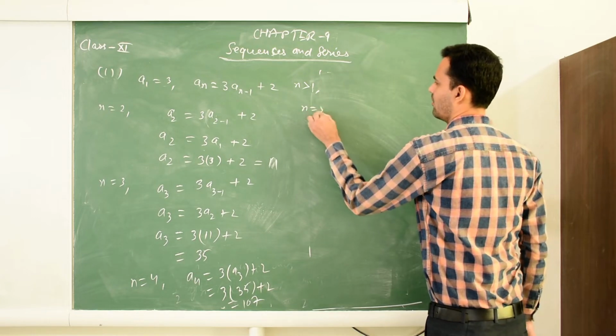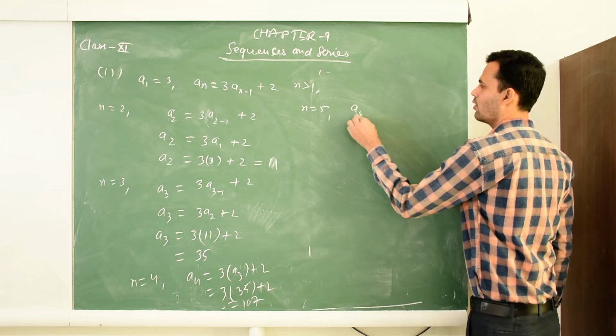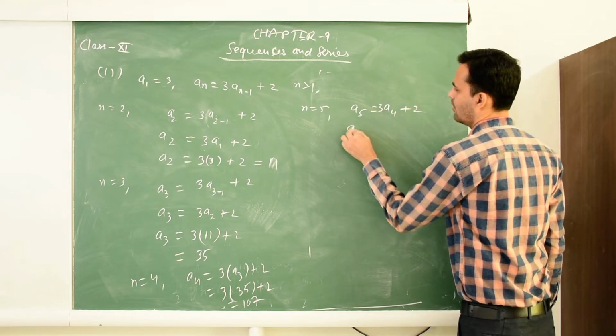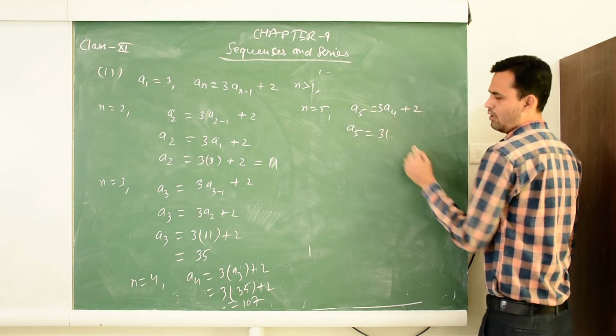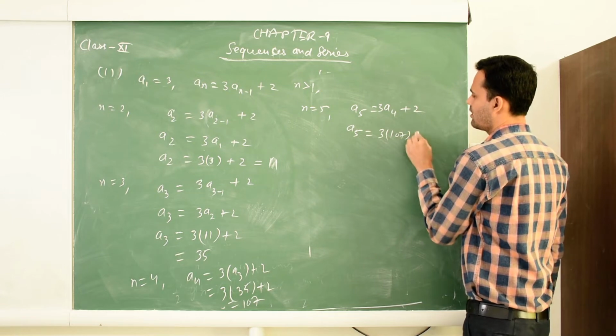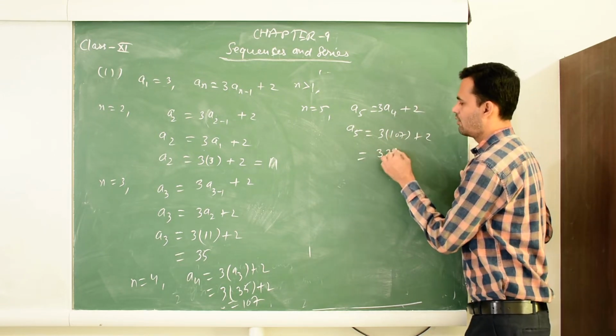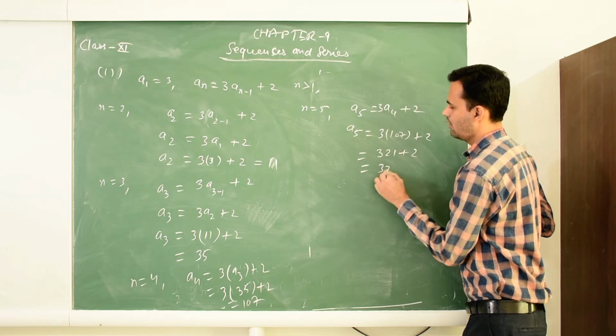N equals 5, so a5 equals 3 a4 plus 2; the value of a4 is 107, so 321 plus 2 is 323.